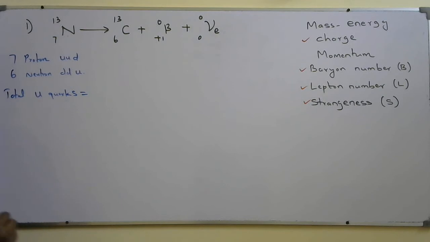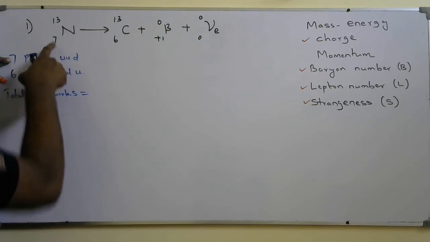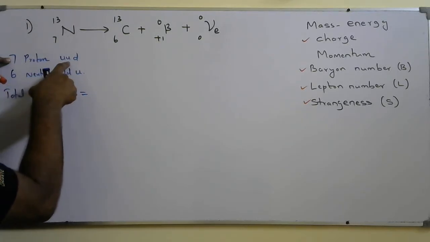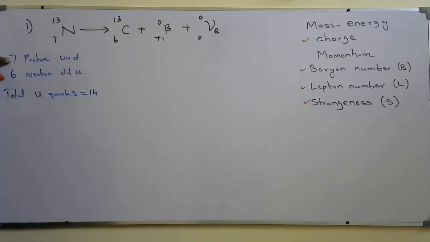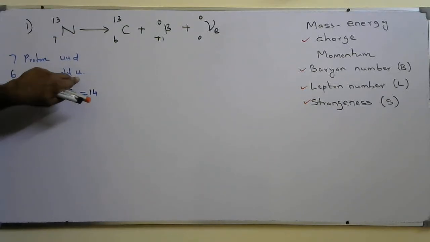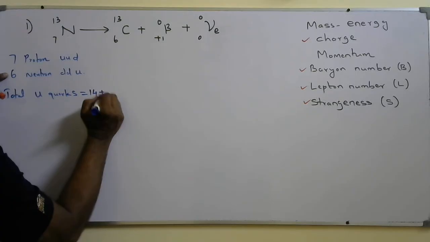Total number of up quarks, how much are they? It consists of 7 protons. This is the atomic number or charge, 7 protons. Each proton consists of 2 up quarks, means 7 into 2, 14. Then a neutron consists of one up quark. There are 6 neutrons, so plus 6 up quarks.